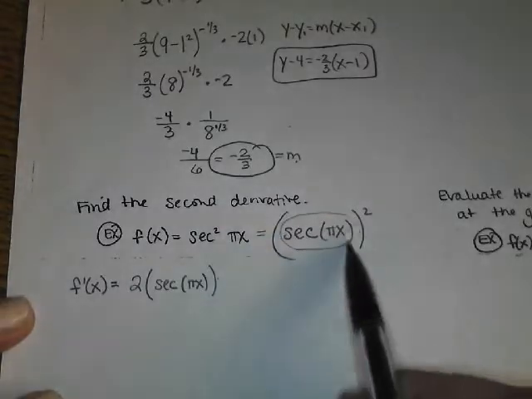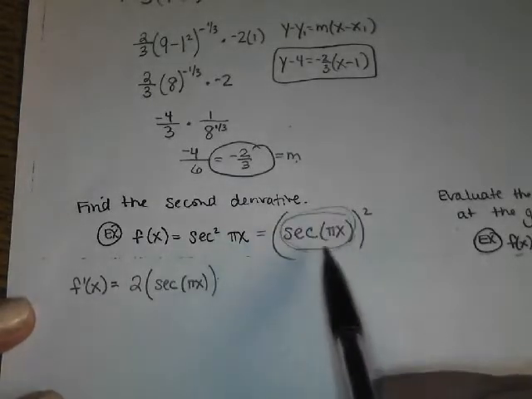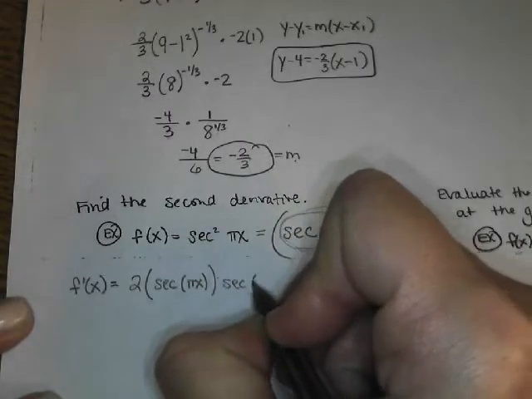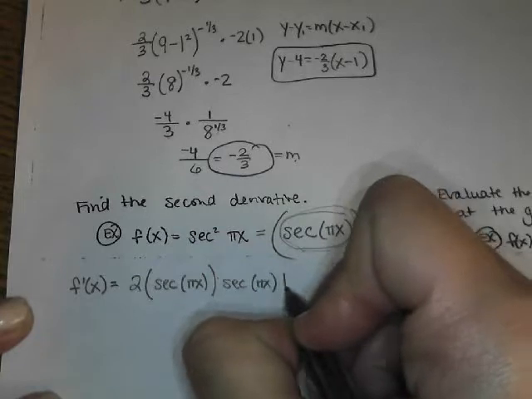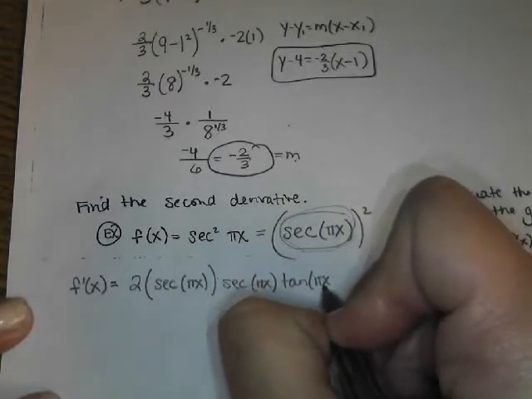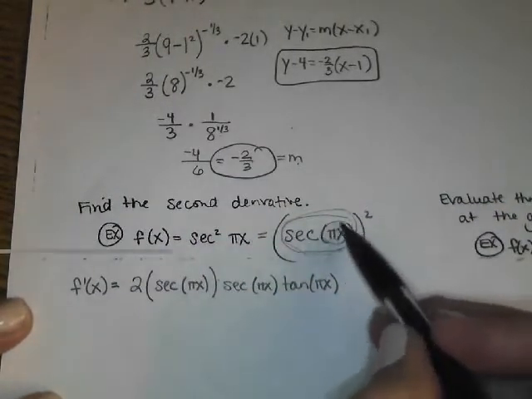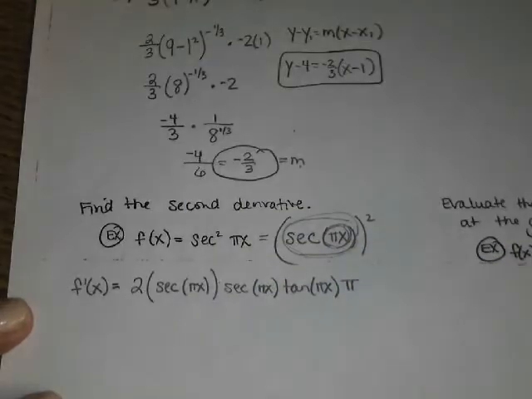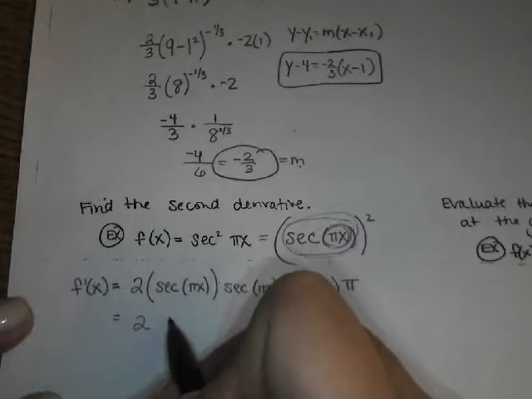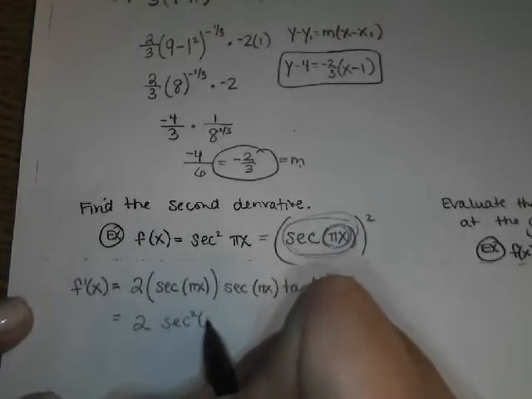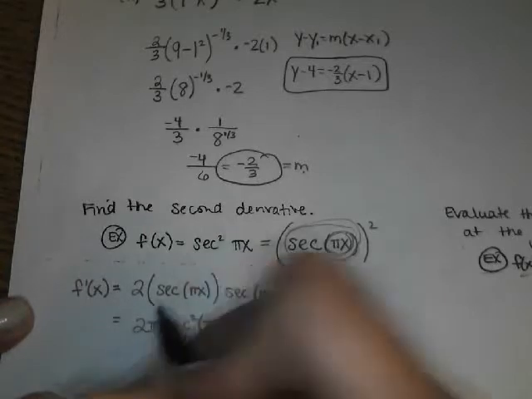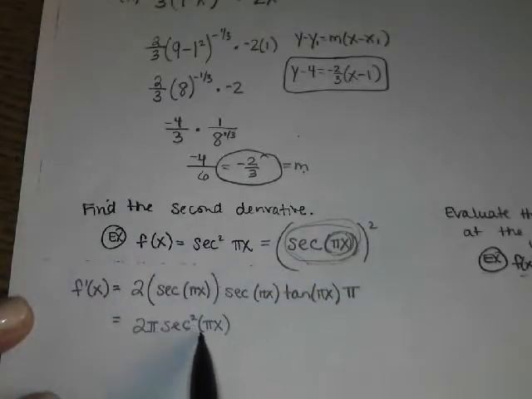Now, what's inside initially is the secant of pi x. And what's the derivative of secant? Secant tan. Times the derivative of what's inside of that, which is pi x, and the derivative of pi x is pi. So your first derivative cleans up to a 2 pi, a secant squared, and a tan.